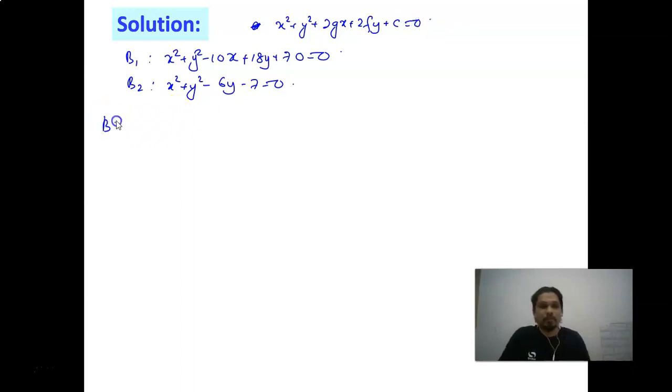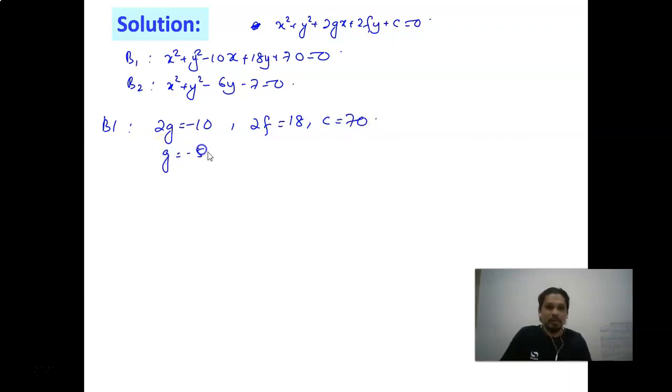Okay, for B1, once we compare this with the general equation here, you get 2g equal to negative 10, 2f equal to 18 and c equal to 70. So then g equal to negative 5 and f equal to 18 divided by 2 equal to 9.